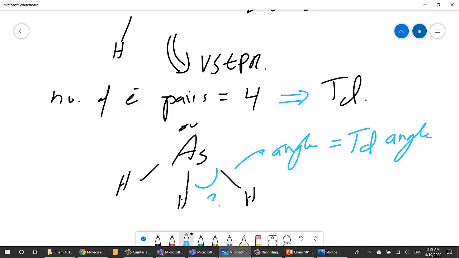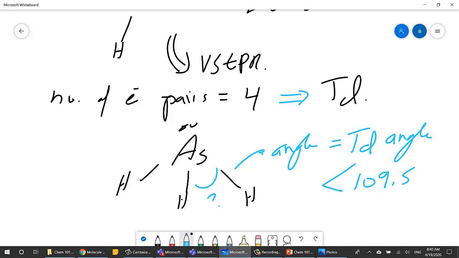Linear has a 180-degree angle, trigonal has 120, and tetrahedral has 109.5. So this one should be 109.5, but because the lone pair needs some space, we expect this angle to be a little bit lower than 109.5, maybe 109, 108, 107.